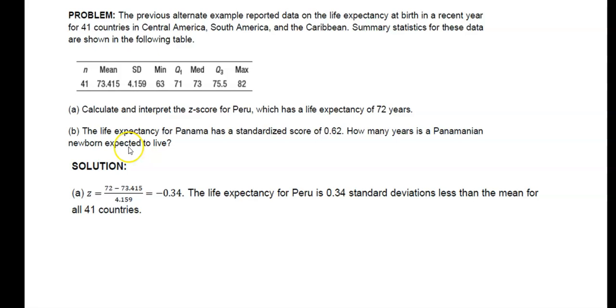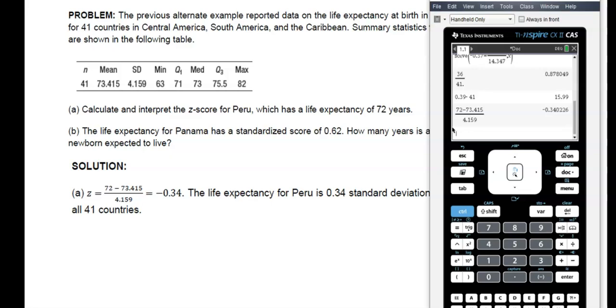Oh, very nice. Okay, life expectancy for Panama has a standardized score of 0.62. How many years is a Panamanian newborn expected to live? So now we have the z-score, and we have to calculate the other thing. Again, I might consider the solve command. So 0.62 equals the fraction of x minus the mean, 73.415.